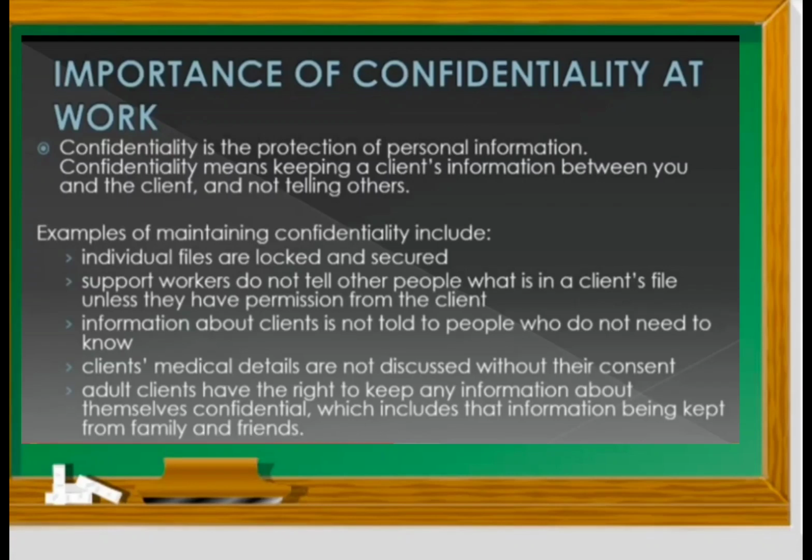Number 4, clients' medical details are not discussed without their consent. Number 5, adult clients have the right to keep any information about themselves confidential, which includes that information being kept from family and friends.